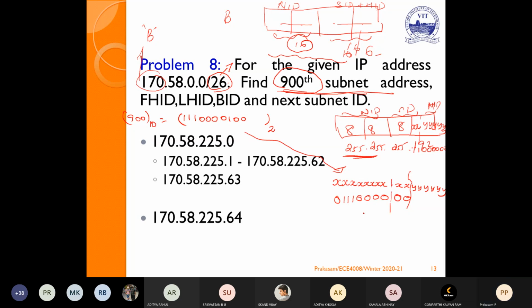So convert these into decimals. Sorry, actually, we have a mistake here.